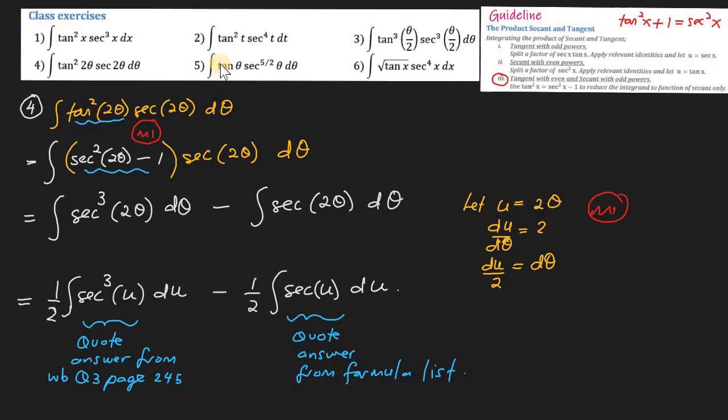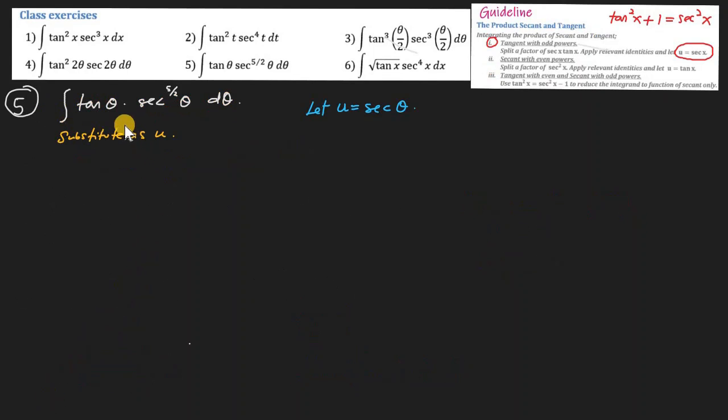But before that, let me start question number 5 first. Before I give you the time, let me start question number 5 for you. Question number 5, as we analyze, this is tangent odd power, and we have a secant. It says here, split a factor of secant tangent such that we set u to be secant. Our variable is theta. Why don't you continue? Start with letting u be secant theta and then change everything in terms of u.